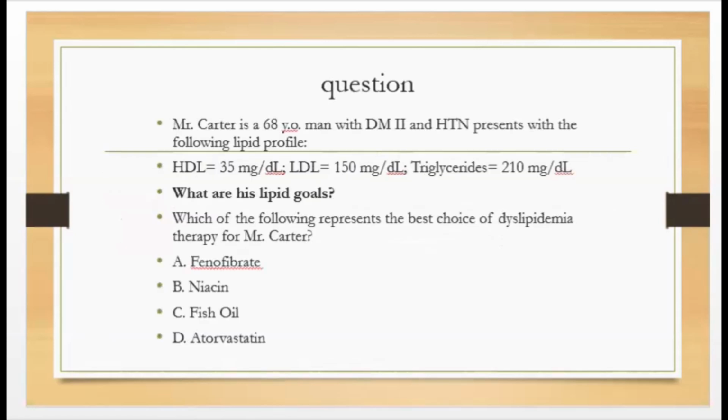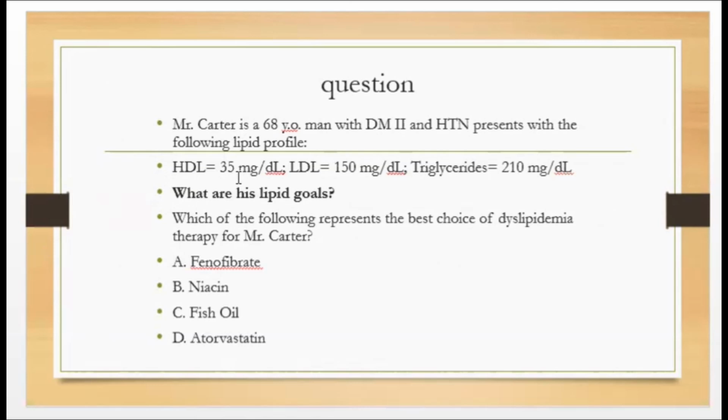Then this is another question. Mr. Cat is 60 years old, 68. So what are his lipid goals? So if you look at this, is another one you have to play smart, okay? HDL is very low, 35. You always want their HDL to come up to like 40, 50, but this is 45.